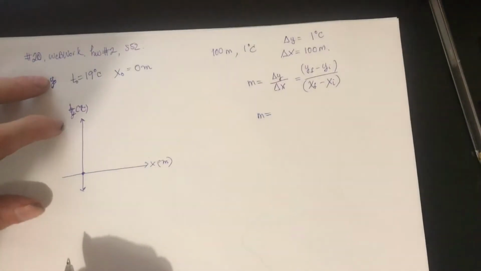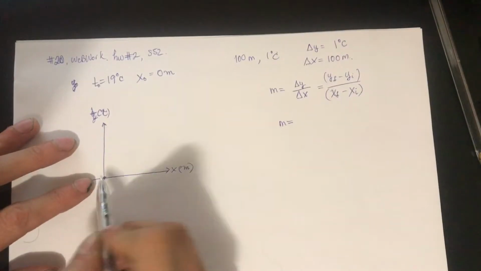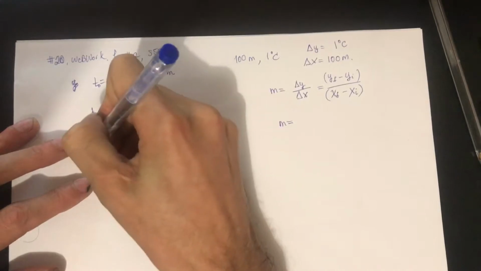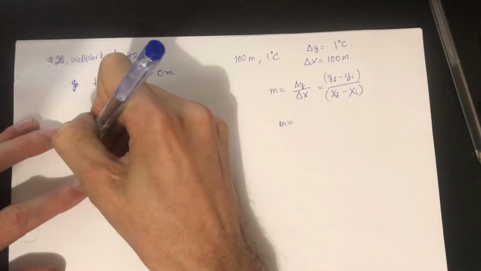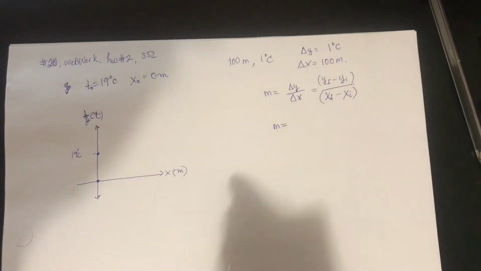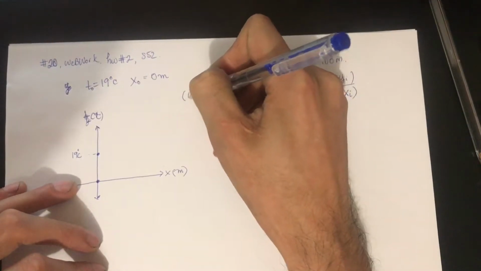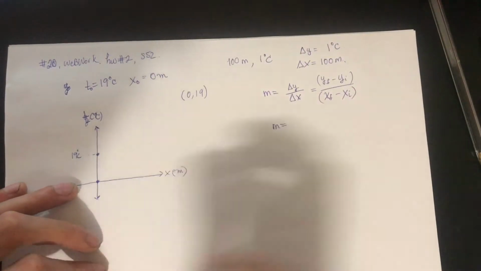We call this T, our temperature, and our position in meters. Then when we are at ground level, our temperature is 19 degrees Celsius. So that's our starting point, right? That's given, which is 0, 19, right?